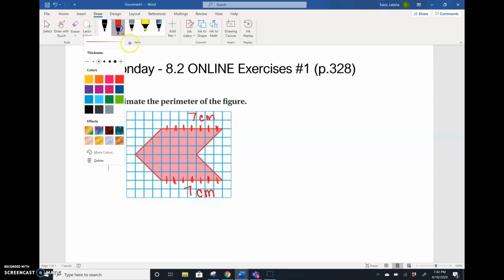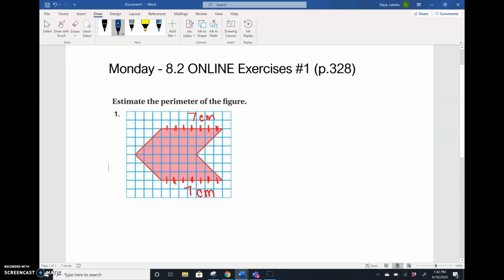I'll change my color to blue this time to keep track of our counting so we don't double count a diagonal line. I'll start in the back here. We have 1, 2 diagonals, 3 diagonals, 4, 5, and 6. So we have 6 diagonals.